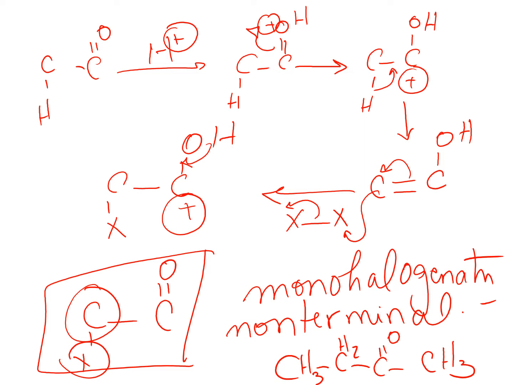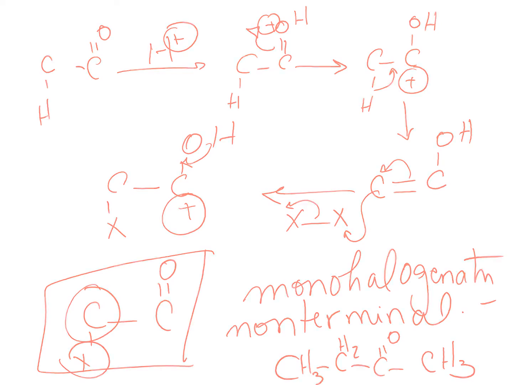Okay, so this is the acid catalyzed halogenation of carbonyl compounds. Let's look at the base catalyzed reactions. In case of base catalyzed reaction, you have the carbonyl compound and you have again an alpha acidic hydrogen.